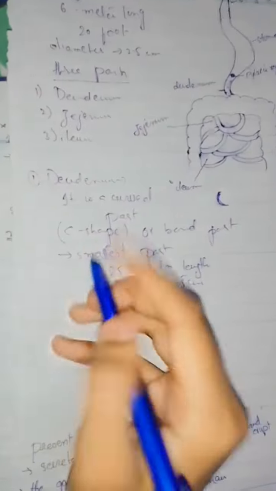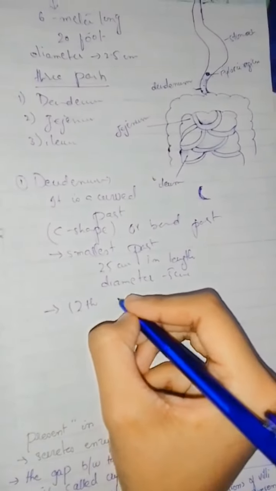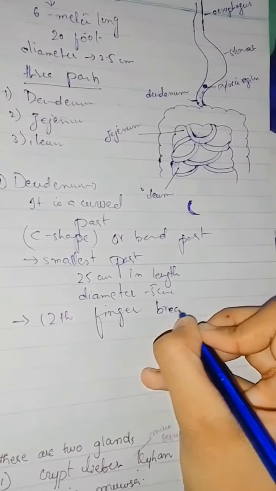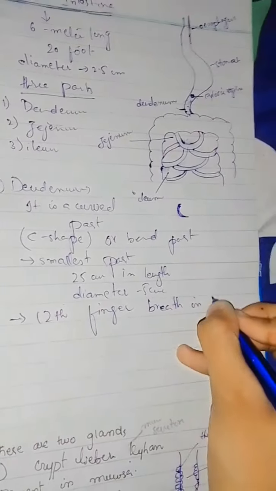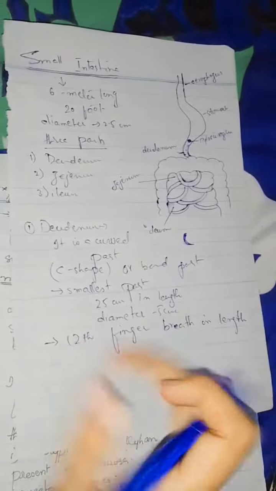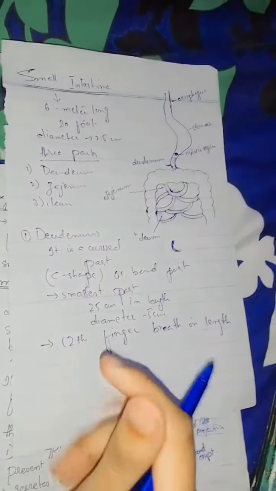The word duodenum means twelve finger breadths in length, and it has a 25 centimeter length and a 5 centimeter diameter.